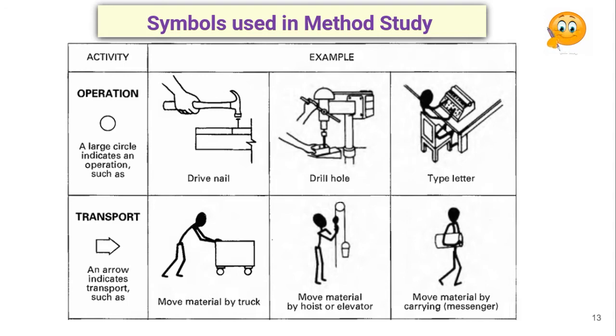Now transport. An arrow indicates a transport, such as moving a material by a truck, by hoist or elevator, or by a messenger carrying it. A transport indicates the movement of worker, material or equipment from one place to another.